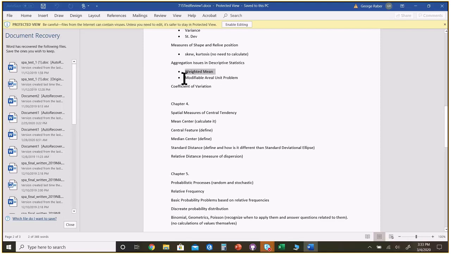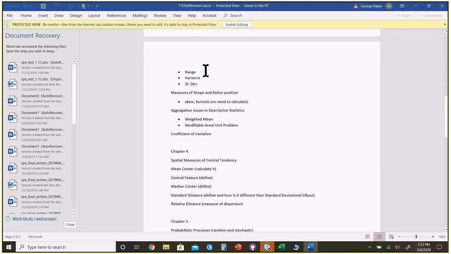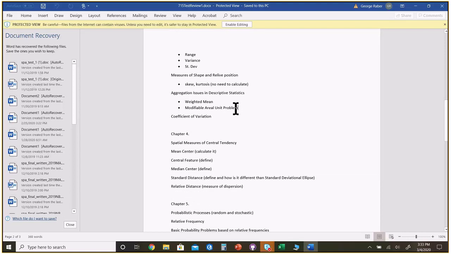Now, the modifiable area unit problem. Both of these are related to aggregation errors. There's nothing to calculate here. That is, you need to know what that is. Basically, if we aggregate data, it's a separate problem that comes in through aggregation. We covered the ecological fallacy up there.